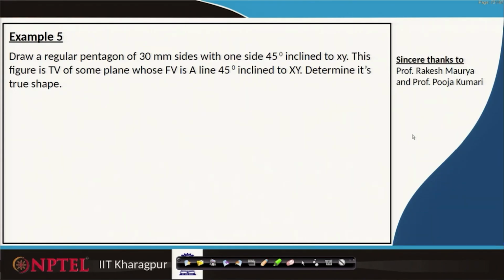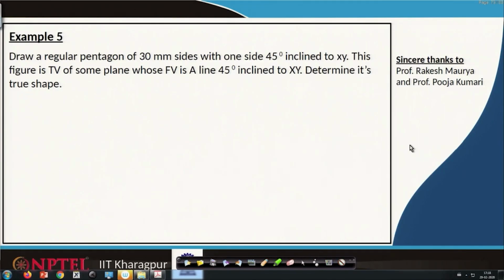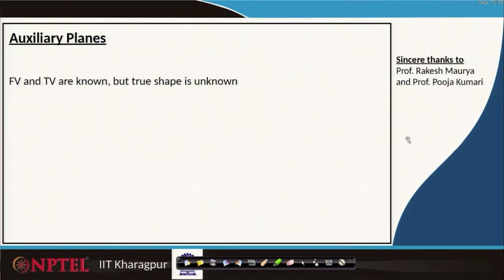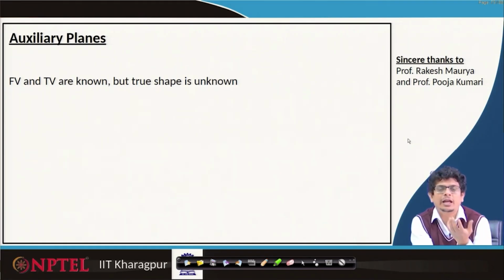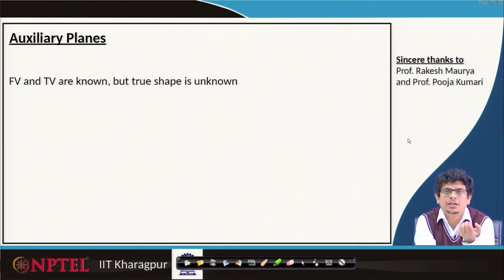To do such kinds of problems, we have to learn about something named auxiliary plane methods. That simplifies most of these issues. In this auxiliary planes method, what we always know is the front view and top view. What we do not know is the true shape. In the front view, it might look like a regular pentagon, but the true shape might be a different thing.